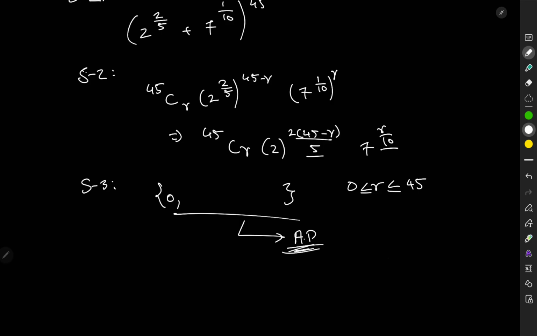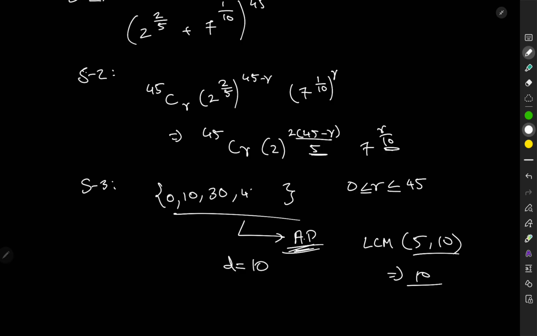And what is the common difference of this? It is just the LCM of the denominators 5 and 10. What is the LCM? It's 10, right? So the common difference d will be 10. So 0, 10, 20, 30, 40, right? 50 won't come just because of this condition. Fine. So r belongs to all these values.